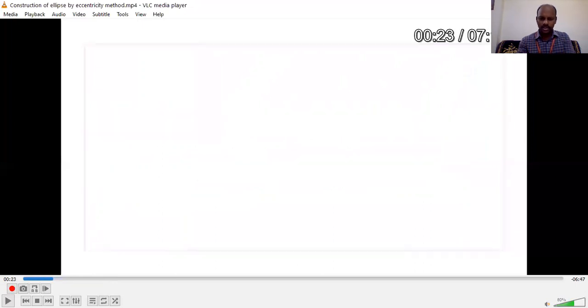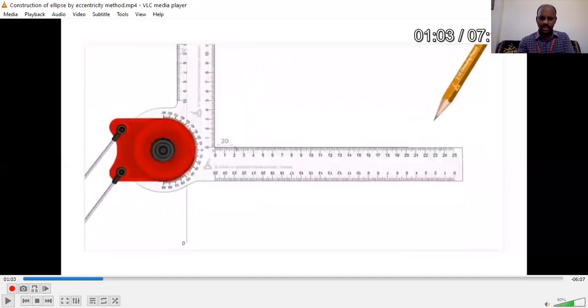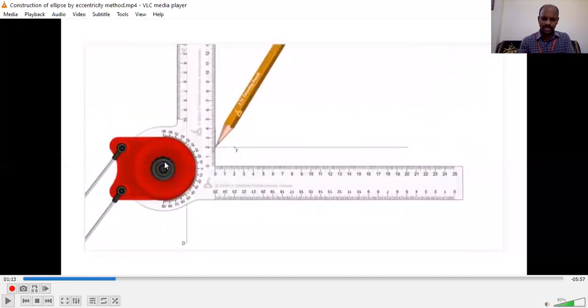So what you have to do is, here we have located this focus distance, right? From the directrix, I have taken a distance of 50 mm with the help of this mini drafter scale. On the mini drafter scale, you can see 0, 1 centimeter, 2, 3, 4, 5. That means 50 mm. So generally in engineering graphics, all dimensions are in millimeters. So by default, we have to say 50 means 50 millimeters.